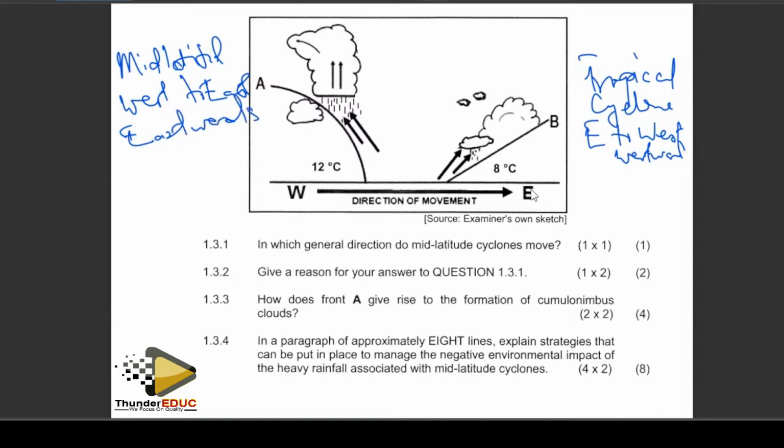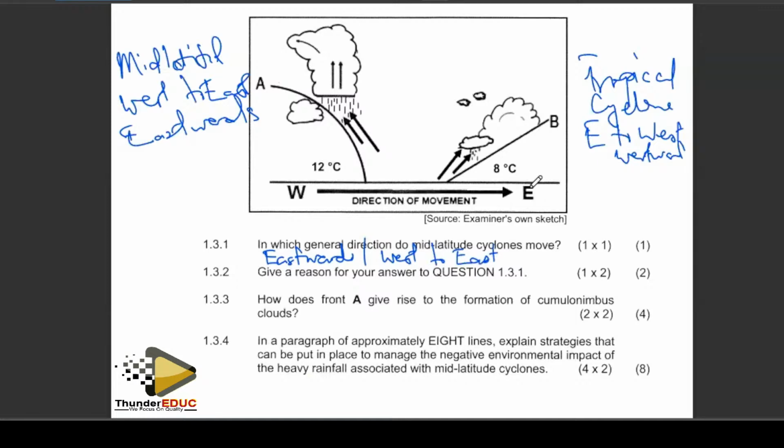That's the difference between those two. Right, so this one, general direction, you can say eastwards, or you can say west to east. It's basically the same.